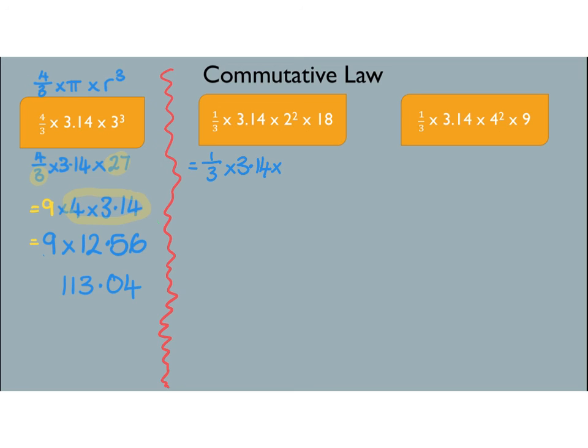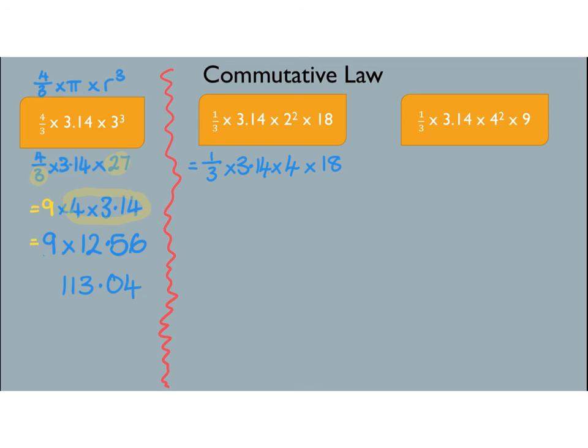So like I said, according to BODMAS, we need to work this bit out first. 2 squared is 4, and then we've got times 18. These ones just take a wee while longer to work out. Now, this one here, we're trying to build up towards doing a volume.